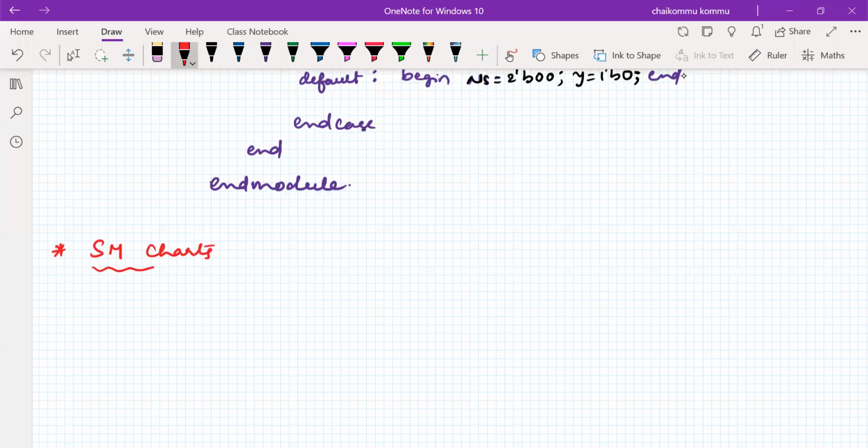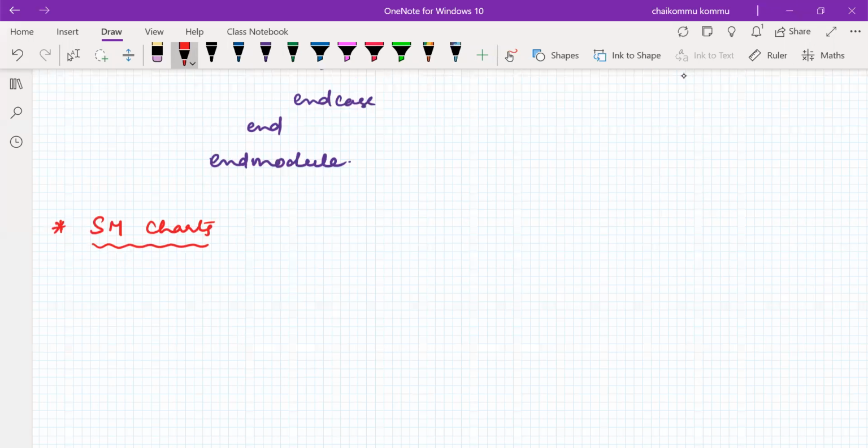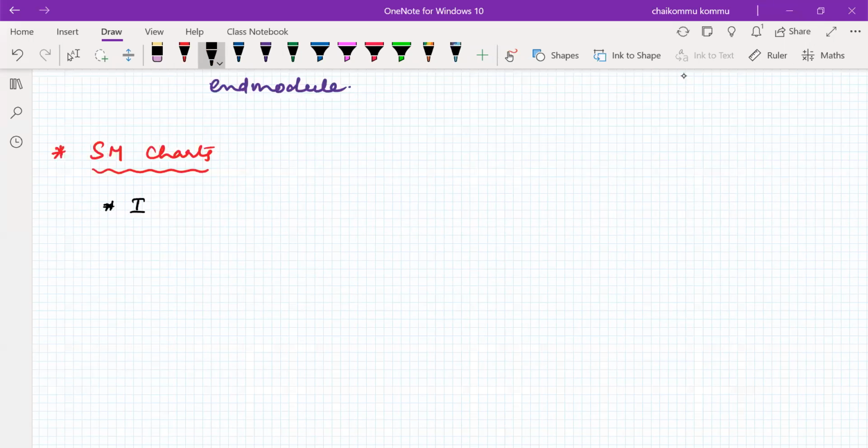So let us talk about some theory behind this one. First and foremost, it is an alternative way to the state graph.